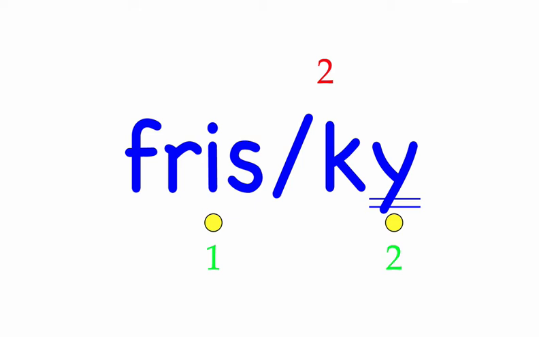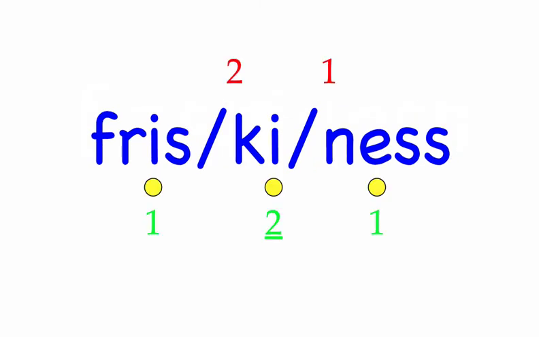Friskiness, three syllables. First syllable, fris, four sounds, f, r, s. K, two sounds. K, I. Ness, three sounds. N, s. Friskiness. Mark the word. Friskiness.